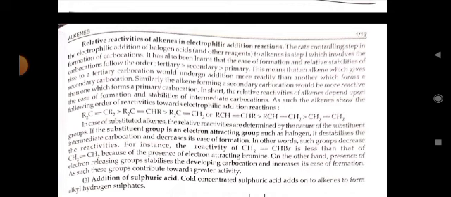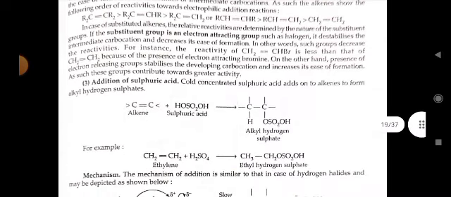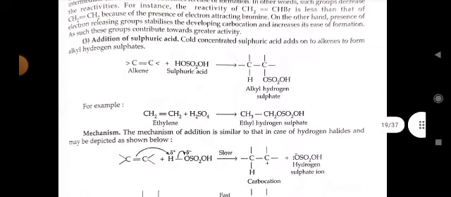In other words, such groups decrease the reactivity. For instance, the reactivity of CH2=CHBr is less than that of ethene because of the presence of electron attracting bromine. On the other hand, the presence of an electron releasing group stabilizes the developing carbocation and increases its ease of formation. As such, this group contributes towards greater reactivity.